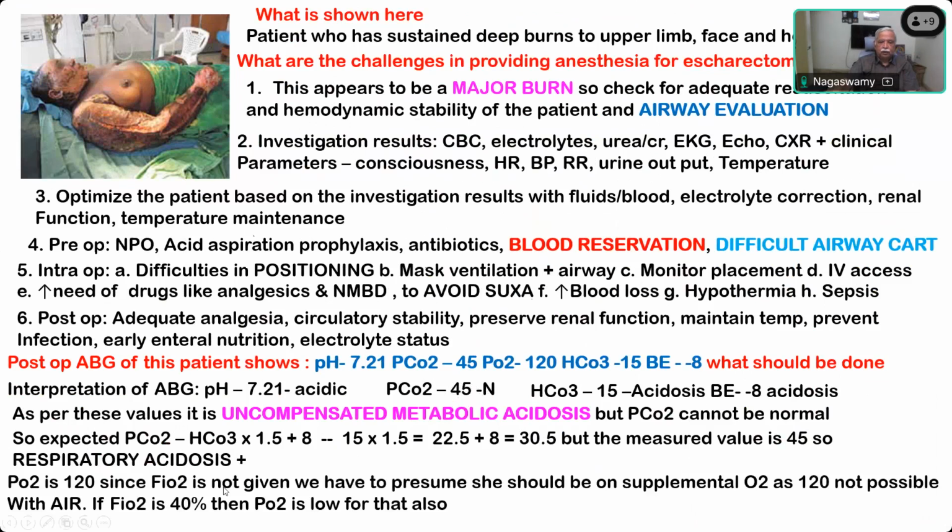So PO2 is 120. Since FiO2 is not given, we have to presume that she is on supplemental oxygen, as 120 is not possible with air. If FiO2 is 40%, then PO2 is low for that also. If you are giving 40% FiO2, what should be the PaO2?